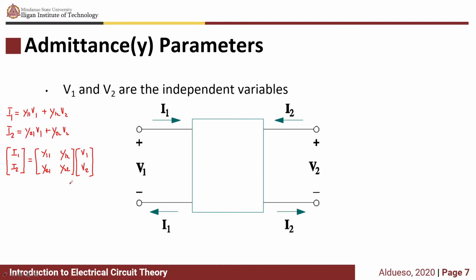Now to solve for the admittance parameters, we need to short one port and then apply a source on the other port.